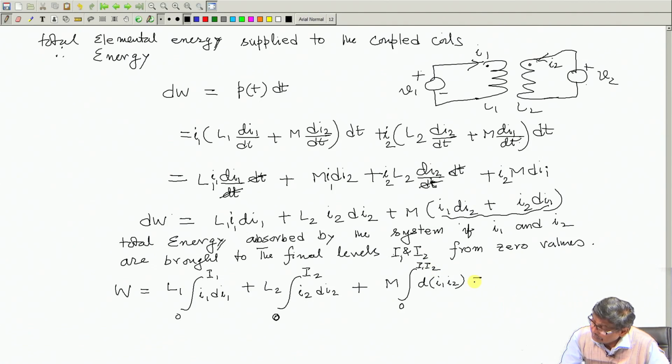So, this will give us the familiar terms, half L1 I1 square, first two terms are very familiar, plus half L2 I2 square, then plus M I1 into I2.